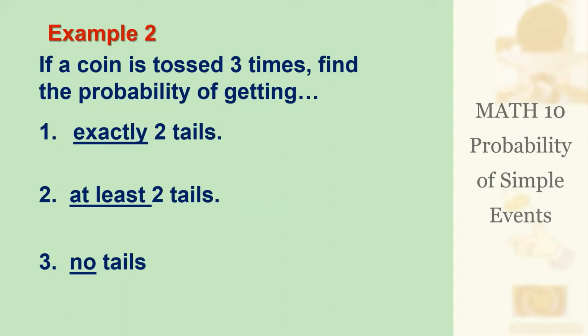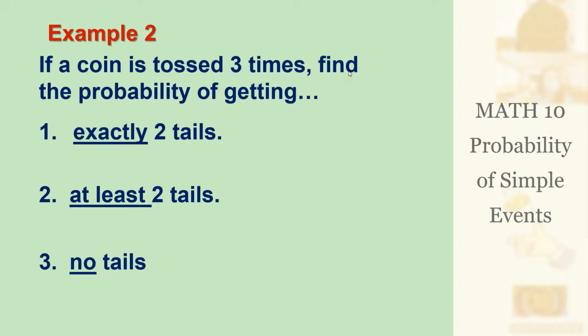If you have 1 coin, but you will toss it 3 times, how many outcomes can you come up with? During permutation, I discussed this.